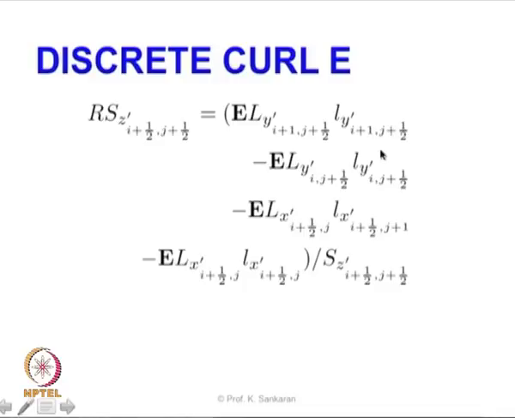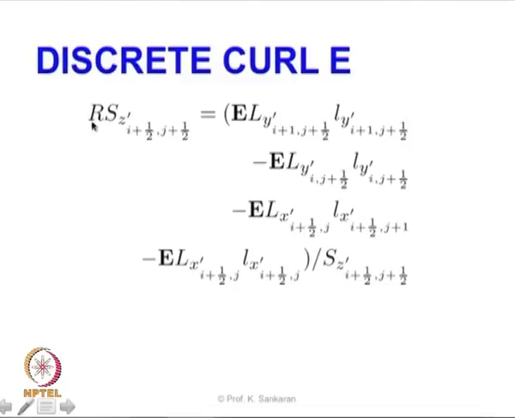So what we have done is we have just multiplied the appropriate L terms in the numerator, and we did the same thing at the denominator, and when you multiply Lx and Ly, what you get is a surface area, and you see here S of z prime I plus half and j plus half, this is a surface area, and the surface area is nothing but the multiplication of the appropriate Lx prime and Ly prime terms.